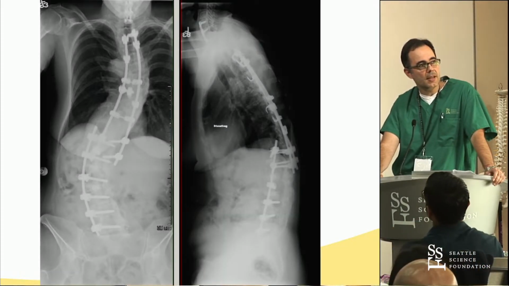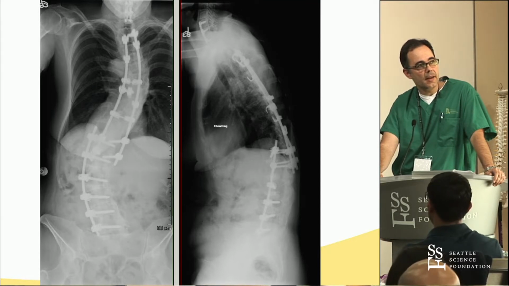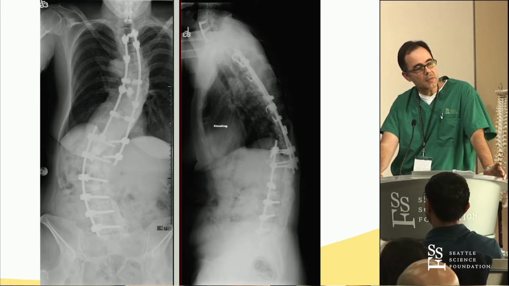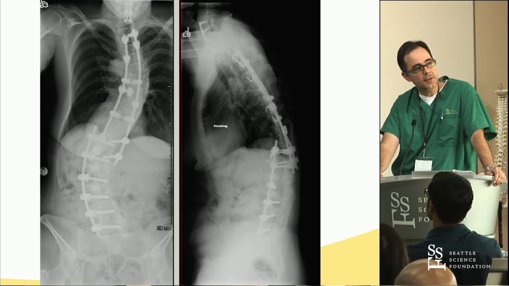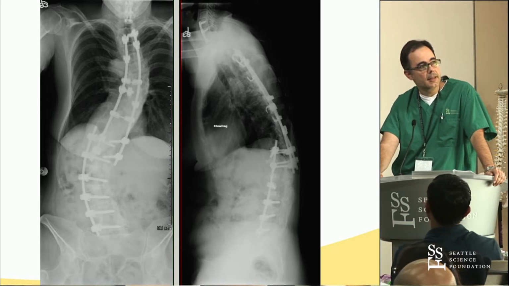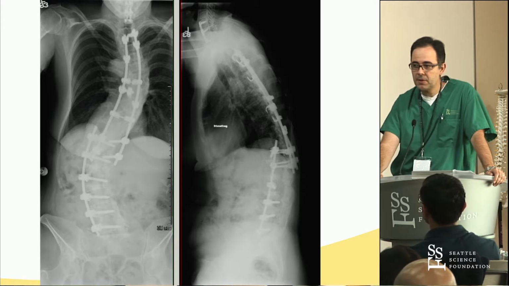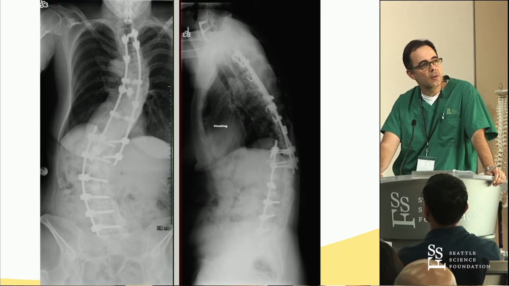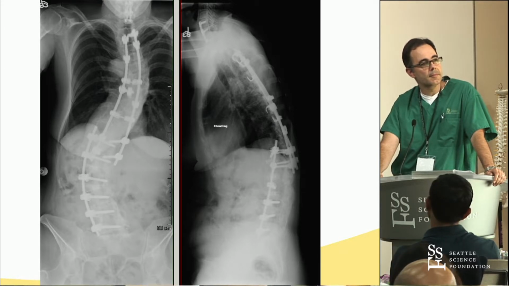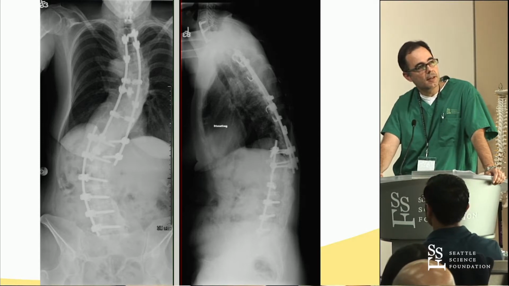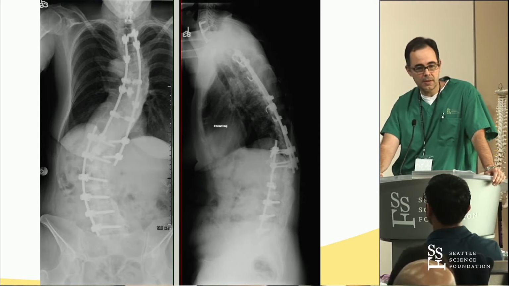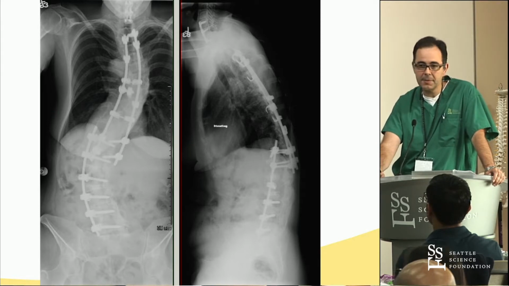As you can see, this patient has a multitude of laminar hooks combined with pedicle screws, and has had a previous anterior instrumentation for the treatment of her idiopathic curve. So it's a bit of a dilemma as to how to go about treating this deformity. Clearly she is getting progressively worse and is very unhappy.